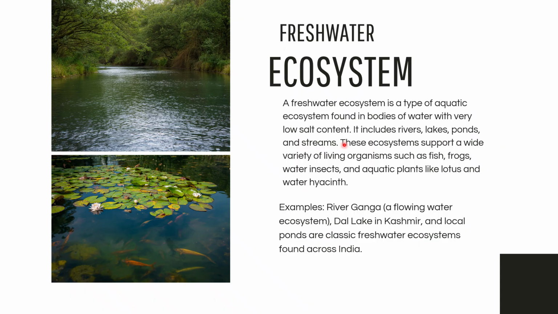Okay, so examples are River Ganga or flowing water ecosystem, Dal Lake in Kashmir, and local ponds are classic freshwater ecosystems which are found across the world, not just in India.